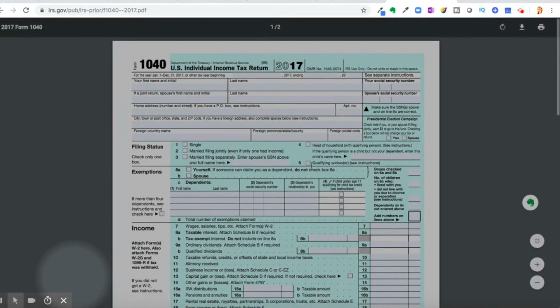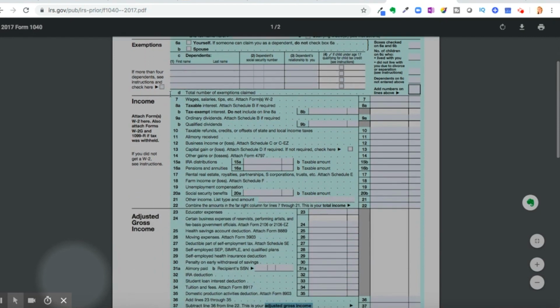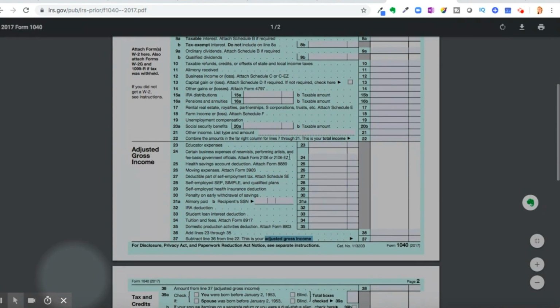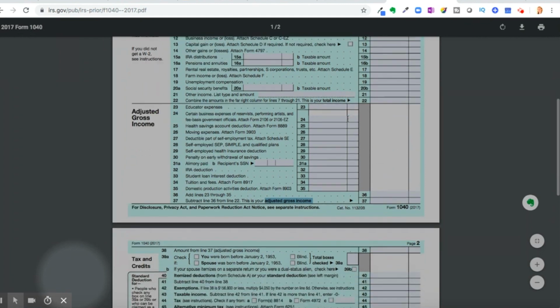This is filing status, which we're going to talk about in a moment. These were exemptions, the personal exemption and dependency exemptions, which we no longer have. This is income, like your W-2s and stuff go in this first line. And then these are specific deductions for this AGI. These were the above the line deductions.